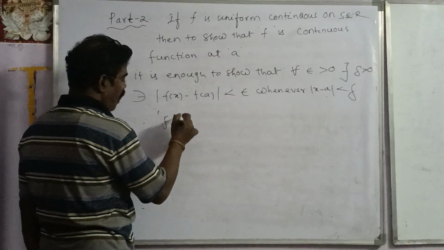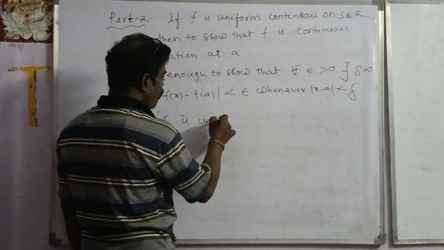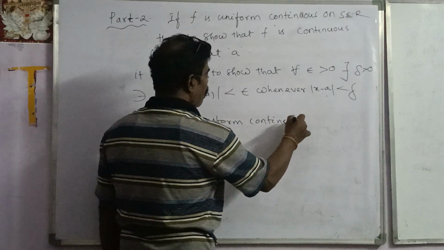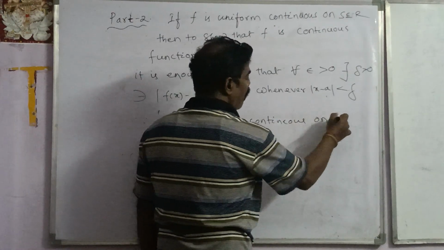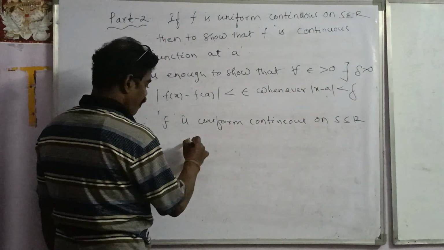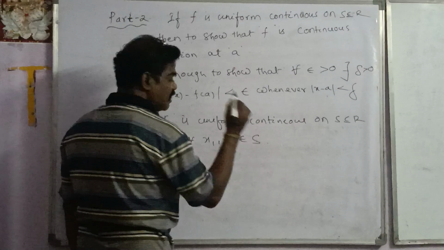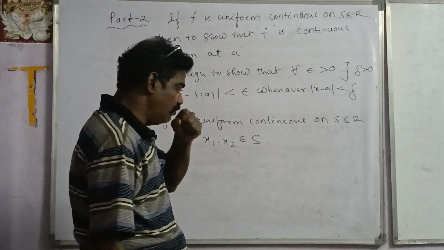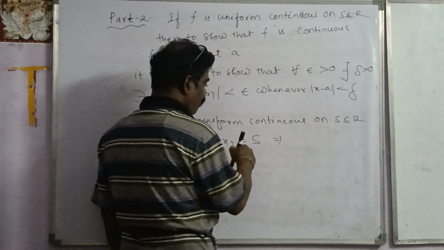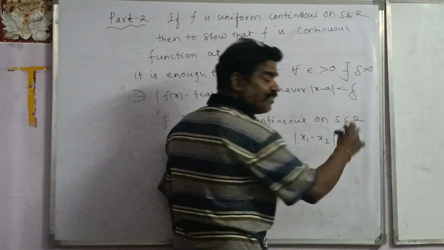Since f is uniform continuous on S subset of R, for all x1, x2 belongs to S, this implies |x1 - x2| is less than delta.